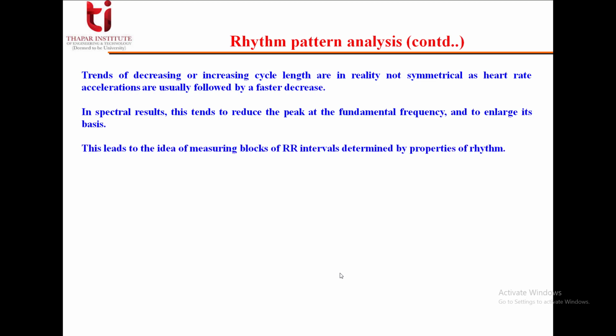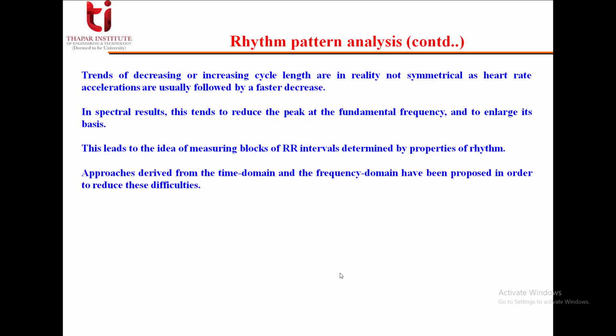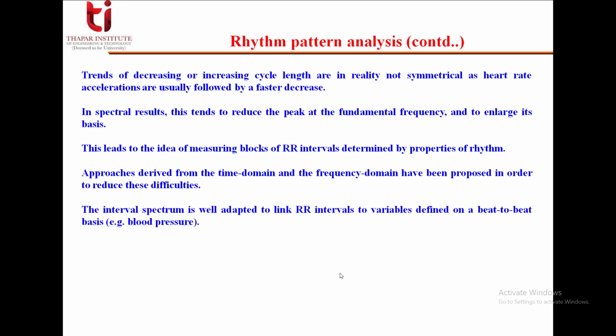This leads to the idea of measuring blocks of RR intervals determined by properties of rhythm. Approaches derived from time domain and frequency domain measures have been proposed in order to reduce these difficulties.